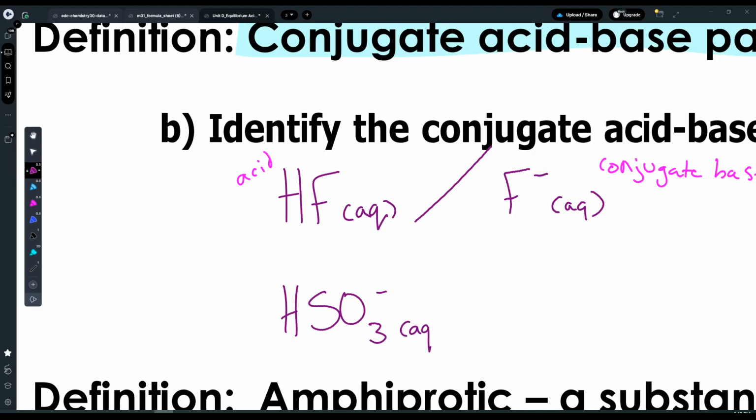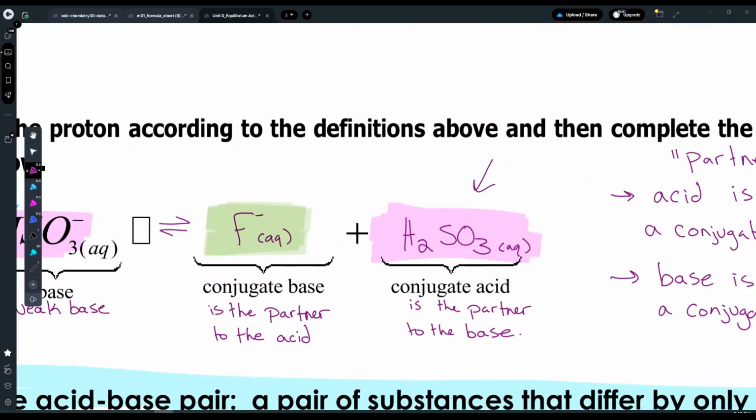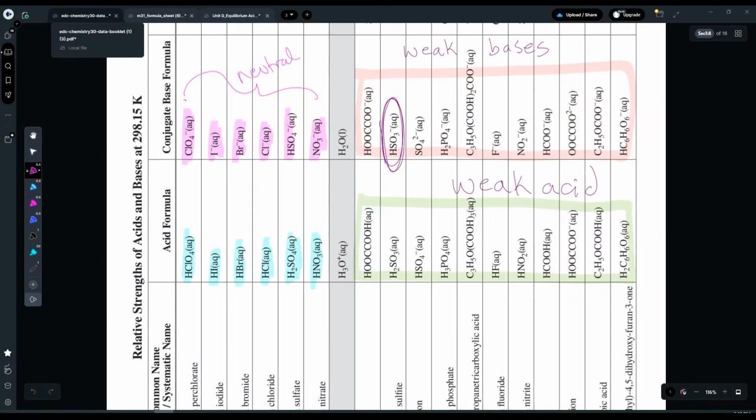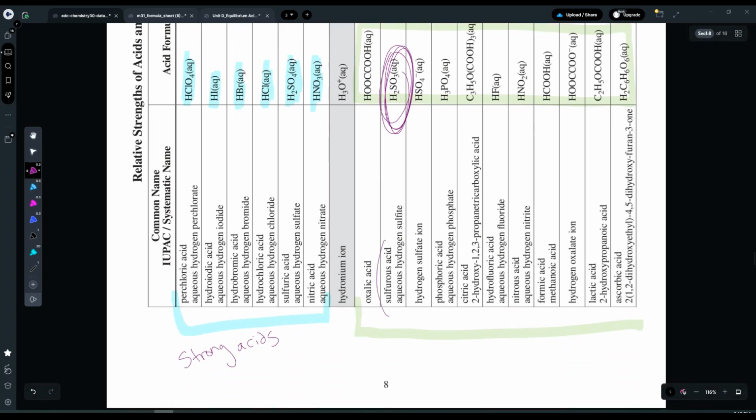And again, if you're wondering how I figured out the name to this, those were part of the naming rules covered in Chemistry 20, but also you can look up the name. So this substance, H2SO3, is right here. It tells you what the name is right there on page 8 of your data booklet.